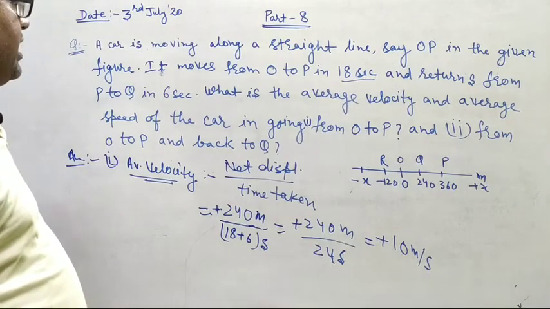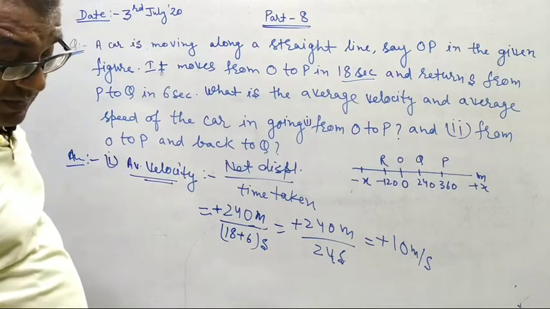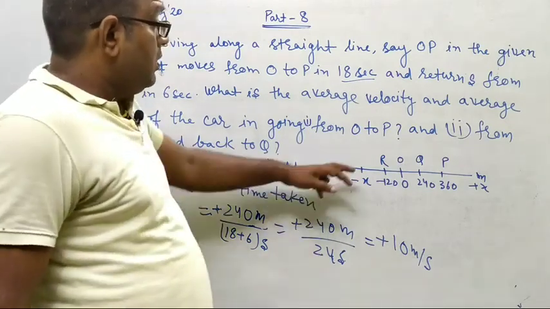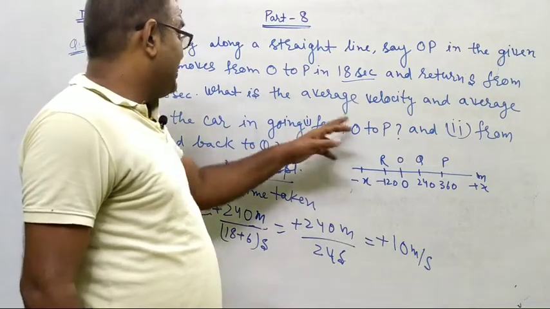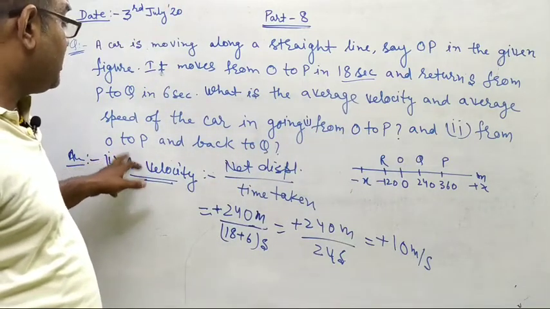Now in the second case we will discuss the net path length, since the question is asking about average speed.